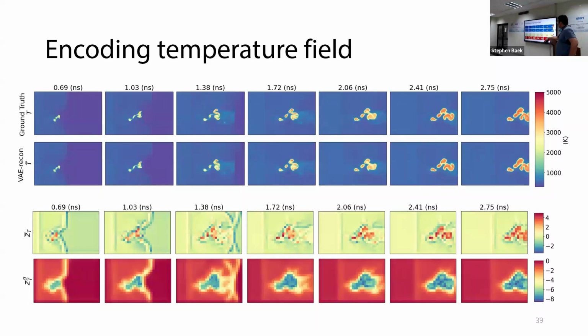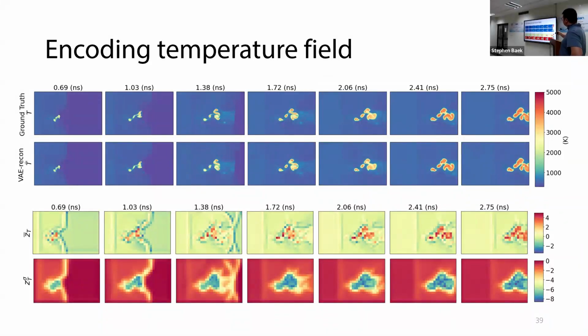So here's a sanity check. We have an evolving pattern of temperature field, and using the variational autoencoder, we encode this into some low dimensional representation. Then from that low dimensional representation, we reconstruct the original temperature field using the decoder convolutional neural net. The top row is the ground truth, and the bottom row is the reconstruction result of the variational autoencoder.